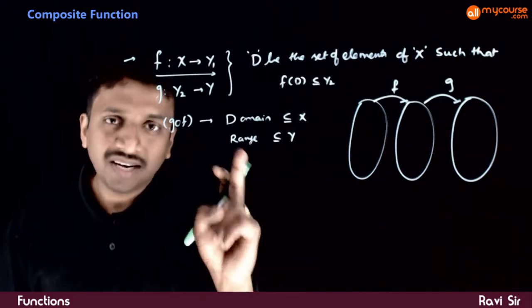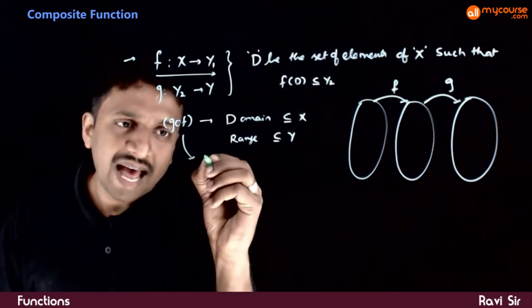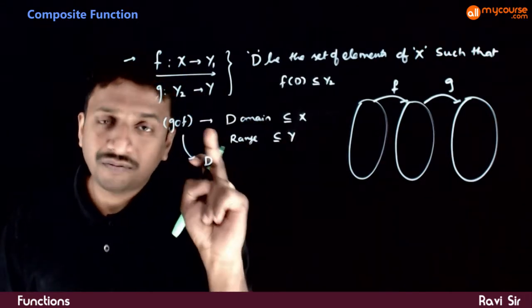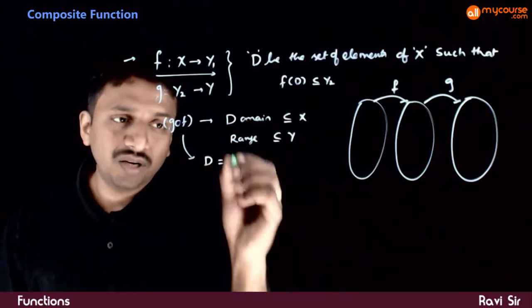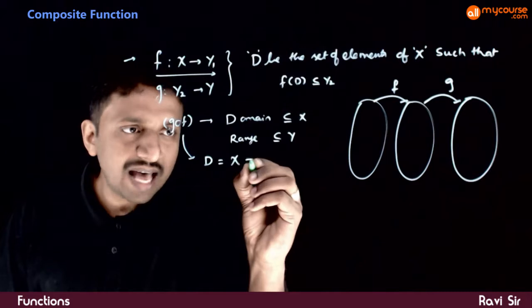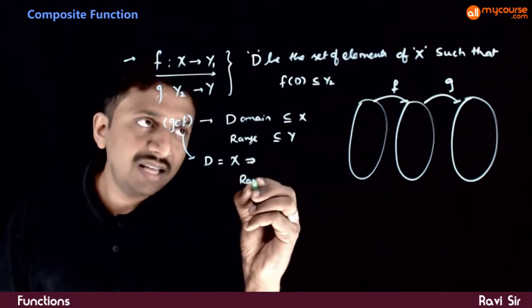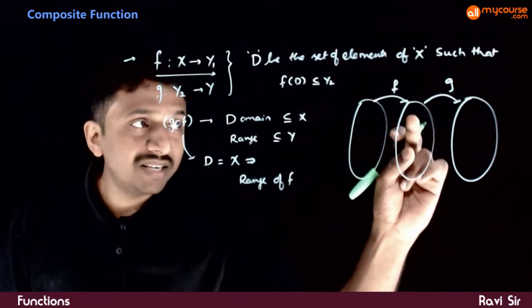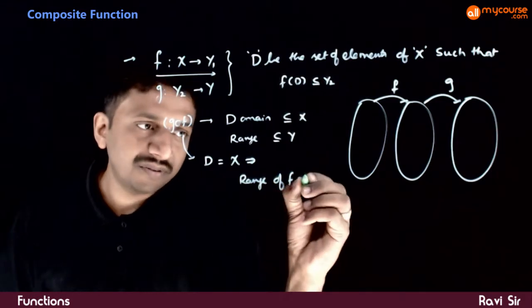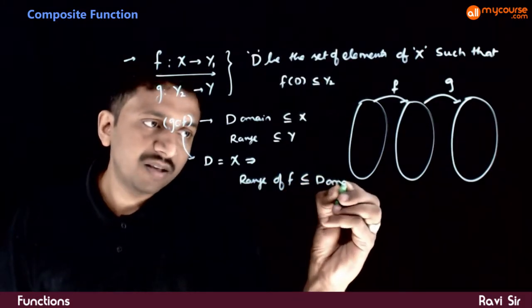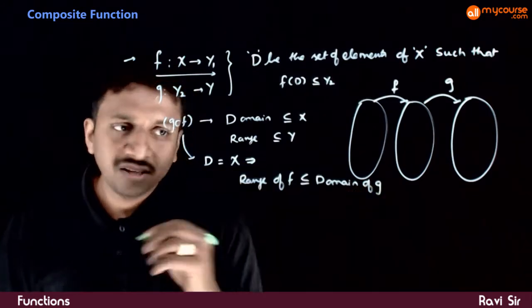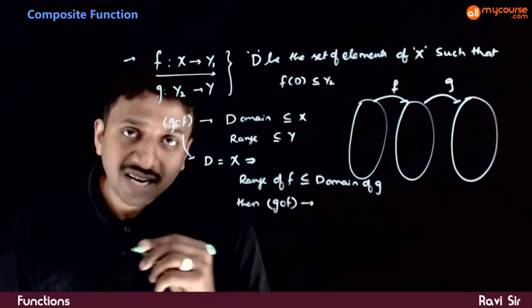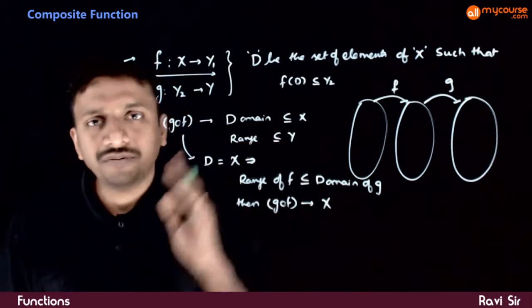So suppose that GOF has to be defined on the domain of f, so if the domain of GOF is equal to the domain of f, this has to imply that the range of f, if all the elements in the range of f are present in the domain of G, that is, if the range of f is a subset of the domain of G, then GOF function can be said to be defined on the domain of f.